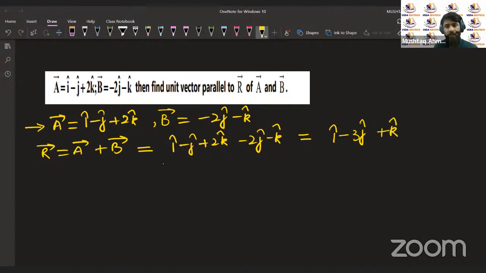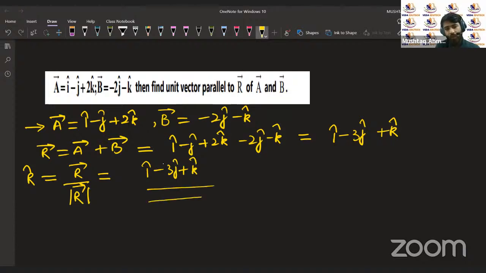So this is the resultant of the two vectors a and b, and we have to find the unit vector, that is r cap. That's the unit vector along the direction of resultant of a vector and b vector. So it will be r vector upon the mod of r vector, right? So r vector is i cap minus 3j cap plus k cap, and the mod of r vector is going to be under root of 1 square plus 3 square plus 1 square.